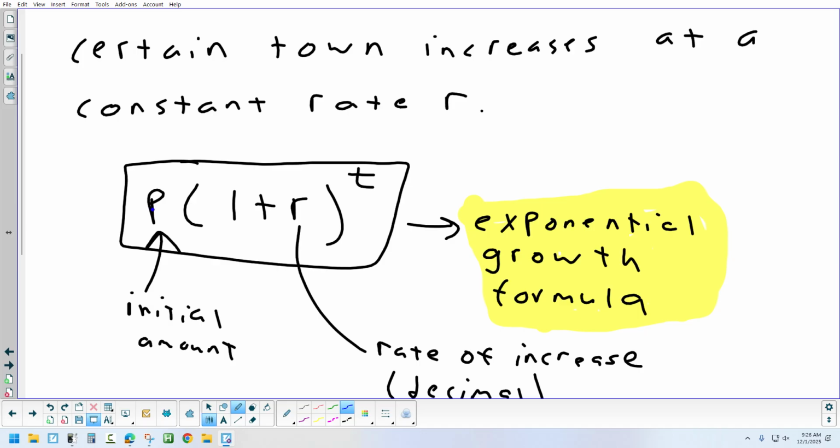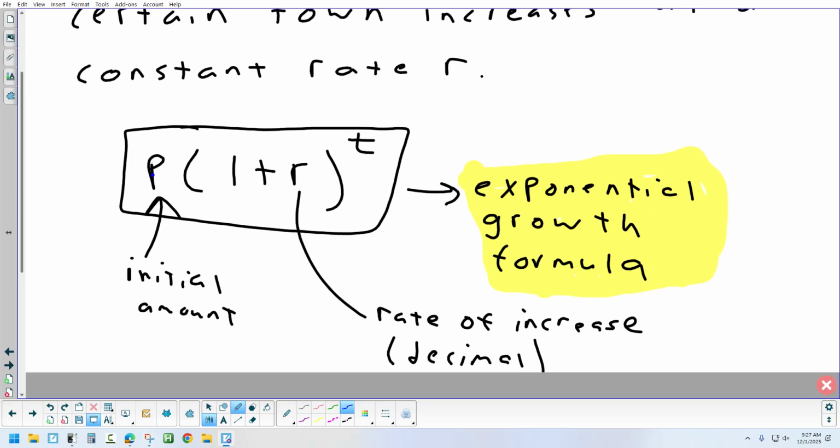In this case, p stands for the initial amount. R stands for the rate. And t is the amount of time.